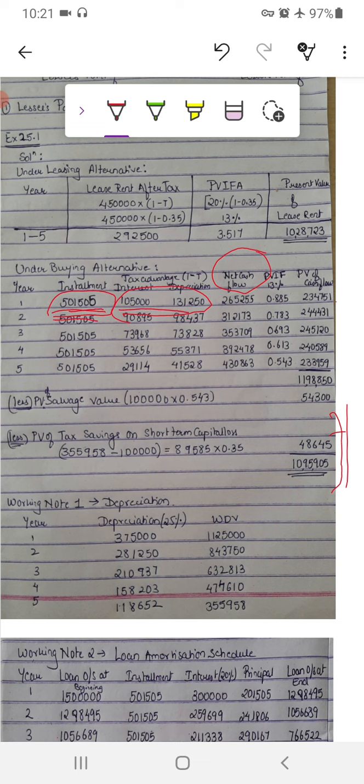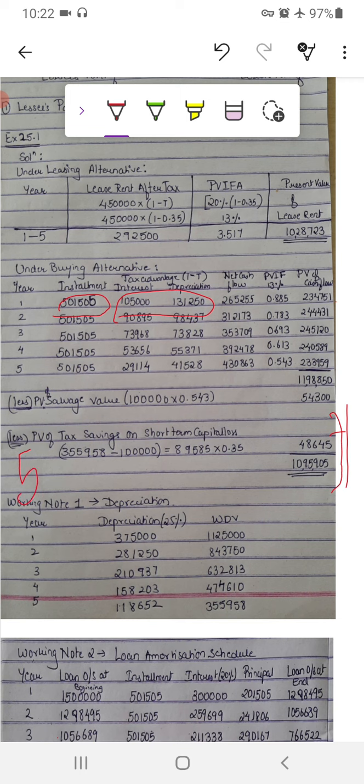So 5,01,505 minus 2,36,250 gives us 2,65,255. Okay, it's 505, right? Yeah. So 2,65,255 is the net cash flow. I'll just repeat the calculation here. It is installment amount minus interest and depreciation.